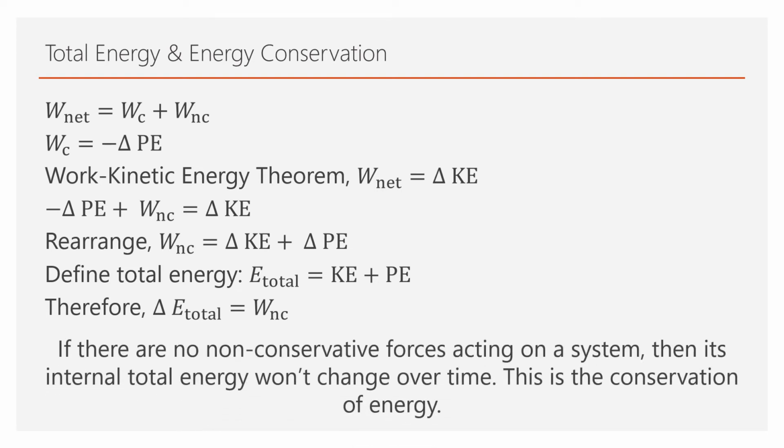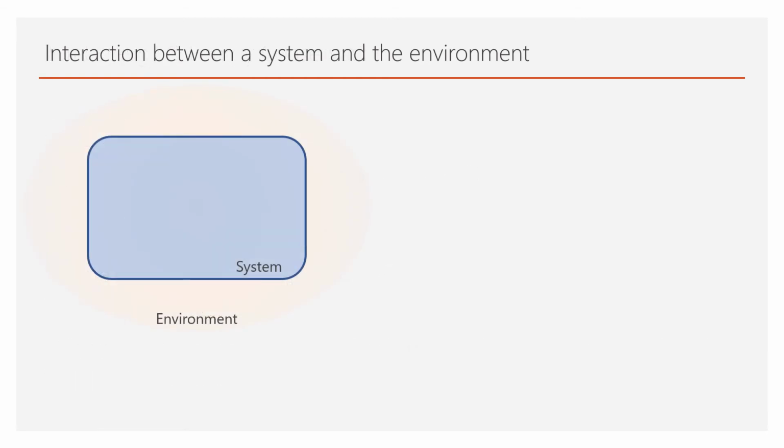If there happen to be no non-conservative forces acting on or by the system, then its total energy won't change over time. And this is a statement known as the conservation of energy. Here's what that looks like. If we have a system that is isolated from the environment, meaning there's no interaction with it, then there's no change in that system's total energy, or delta E equals 0.